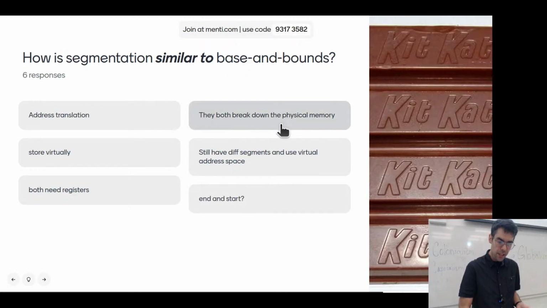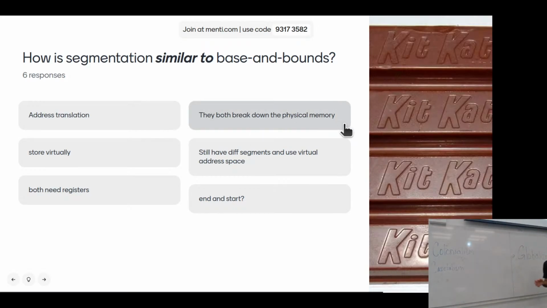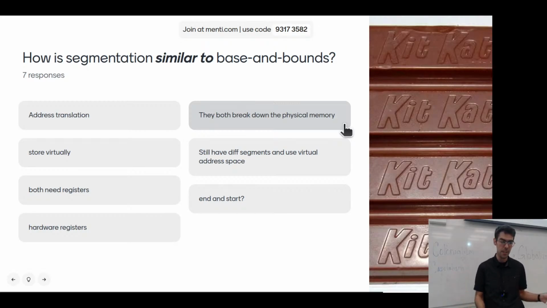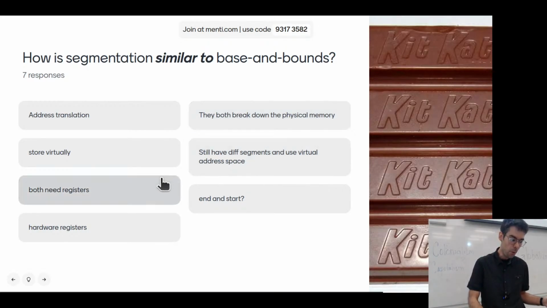I'm going to pick on this one, and I'm going to say that, yeah, they both break down memory, but I want to strongly emphasize that with base and bounds, we're partitioning physical memory. And with segments here, what we're doing is partitioning our virtual address space. We are 100% breaking down some form of memory, whether it be virtual or physical, but we're doing it in both of those things.